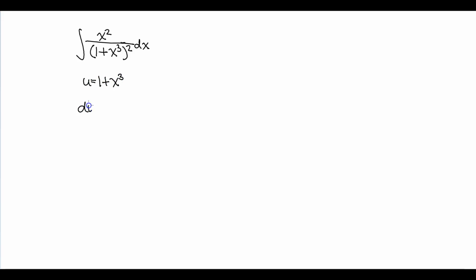So du is equal to 3x squared dx. So we're basically finding du dx, which is 3x squared, multiplied by dx. Okay? Now, we don't have a 3x squared dx, but we do have an x squared dx. So we can introduce a 3 by multiplying and dividing by 3 at the same time.